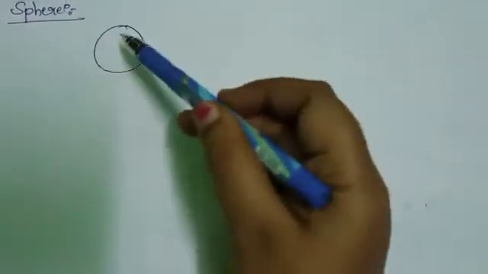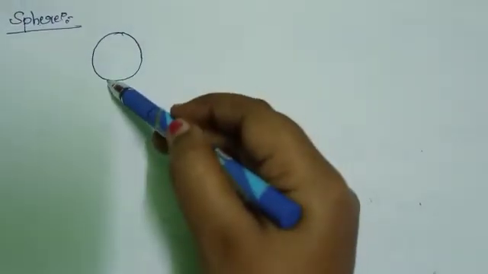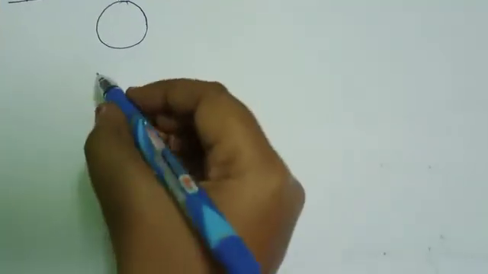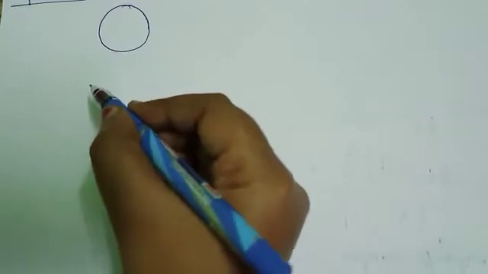Next geometrical figure is sphere. We already know sphere shape. This looks like a playing ball shape. Okay, ball shape. What is the surface area of sphere?